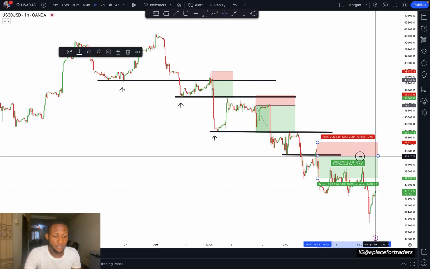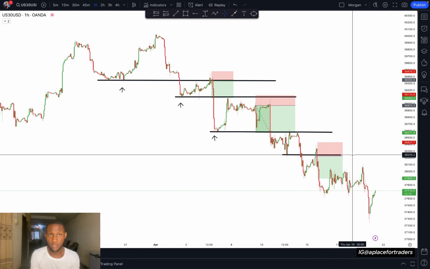Of course, you can keep holding the market after you've closed out partials. Me personally, at 1 to 1, I take out partials and I move my stop loss to break even. When I do this at 1 to 1, then I look to hold the trade to see where the market is trying to head, to know if I can catch more potential profits.